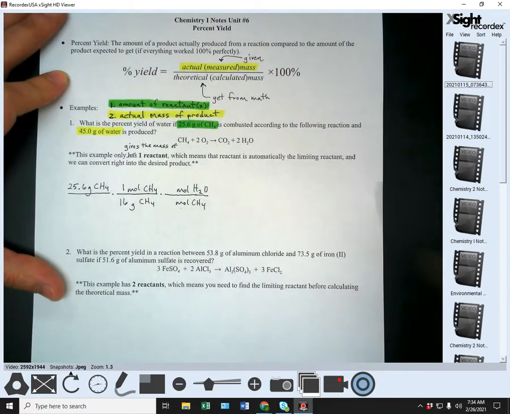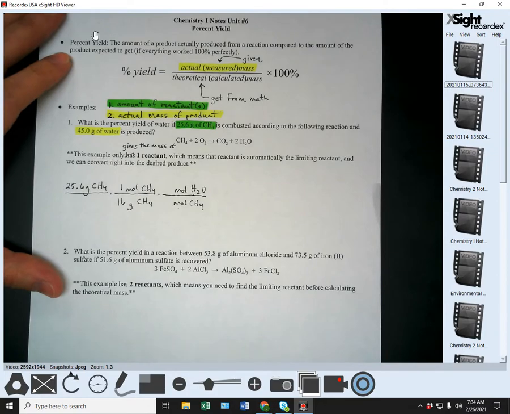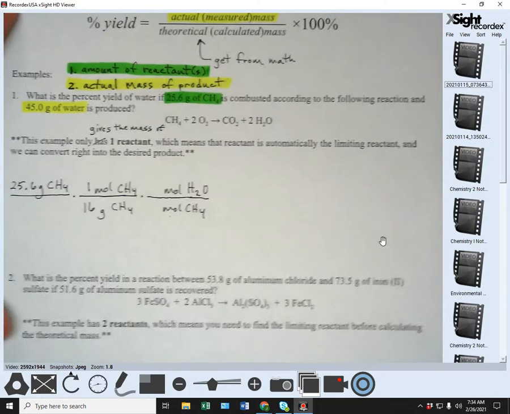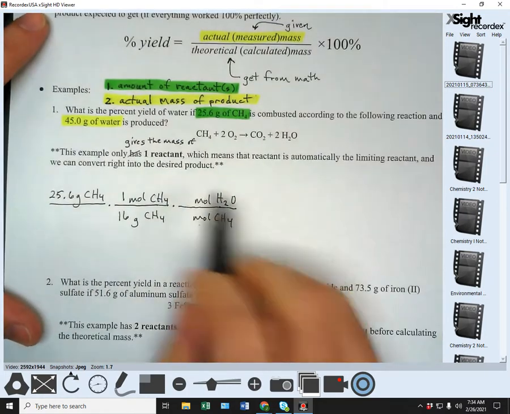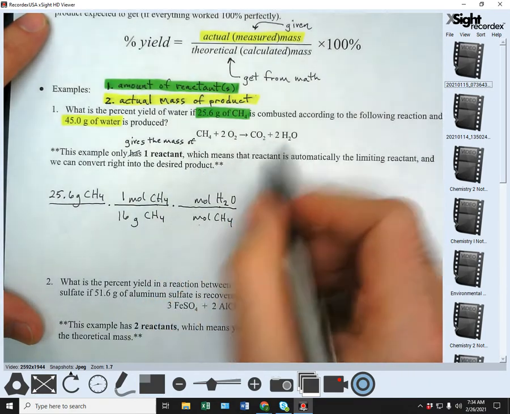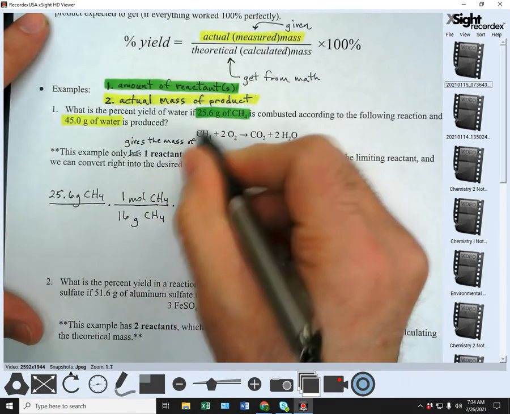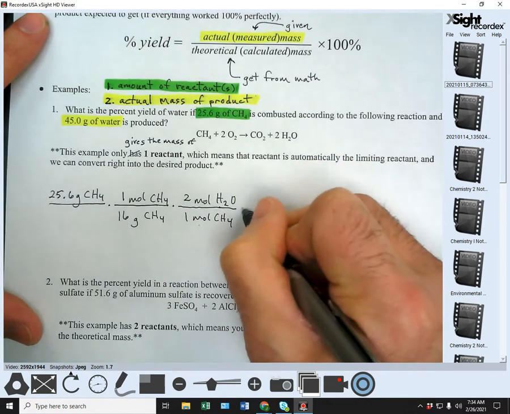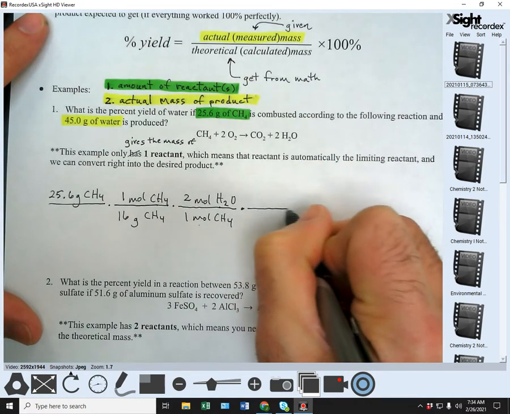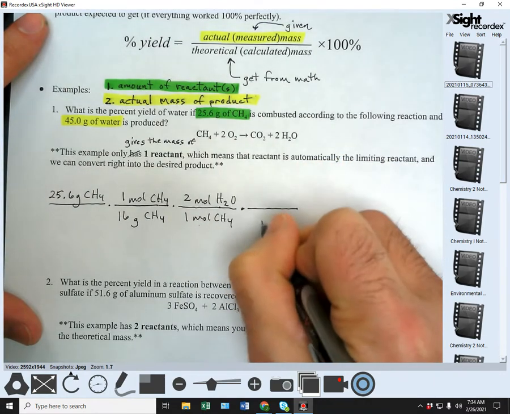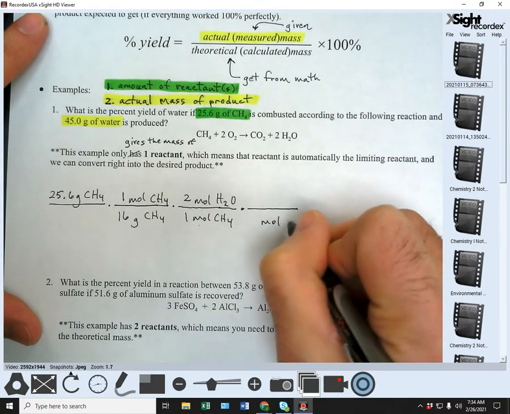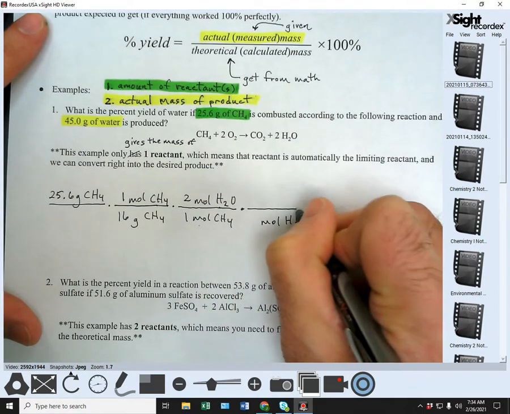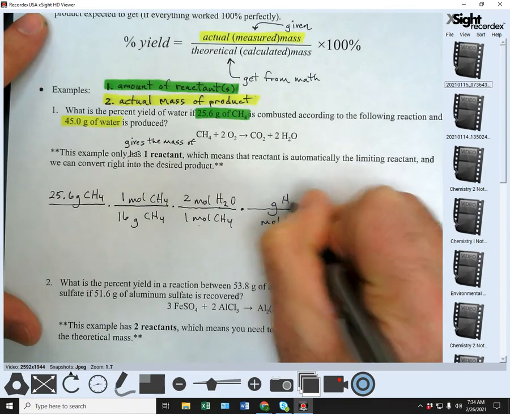Remember, mole to mole, this is the only time you use the coefficients from the balanced equation. So our balanced equation is here. So in front of H2O, there's a 2. In front of CH4, there's nothing, so it's a 1. Then we go moles of H2O on the bottom, because it's up here. Turning it into grams of H2O.